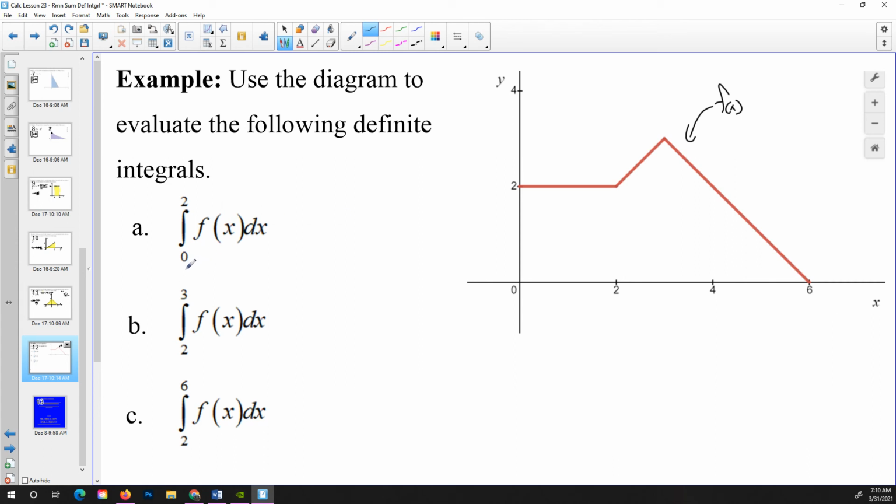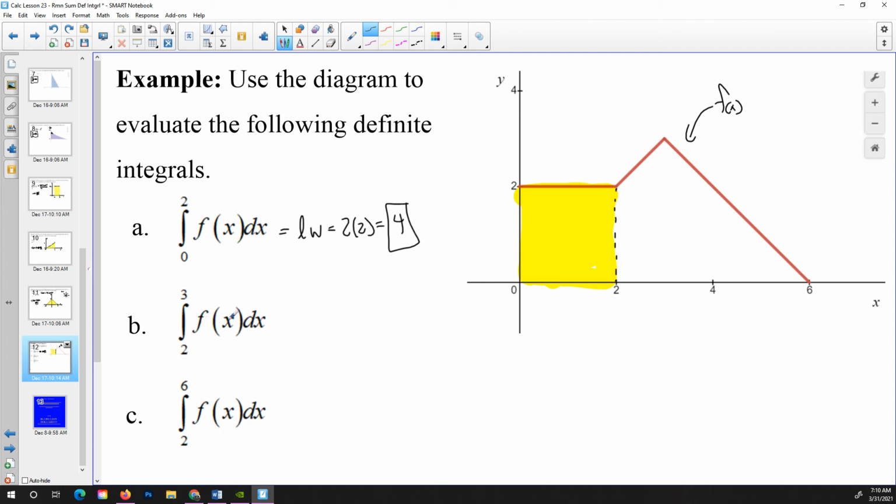And so if I want to find the definite integral from 0 to 4, I want to find this area right here. And that'll be fairly easy because it looks to me like it is a square, a 2 by 2 square. So I'll get length times width, in this case 2 by 2, that'll give me 4. So there's my definite integral for that one.